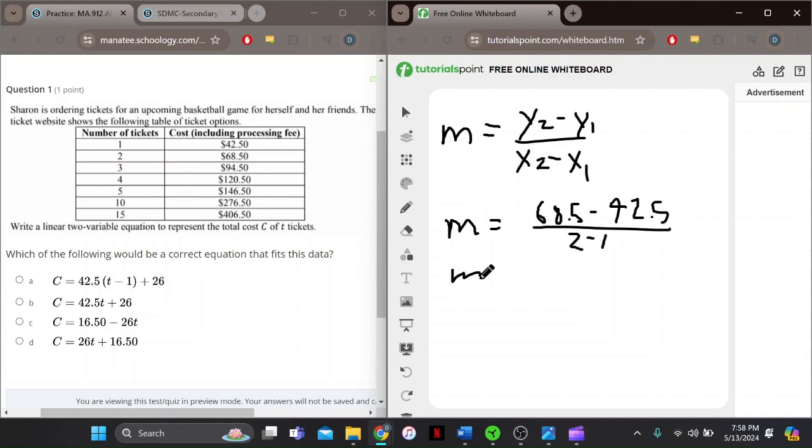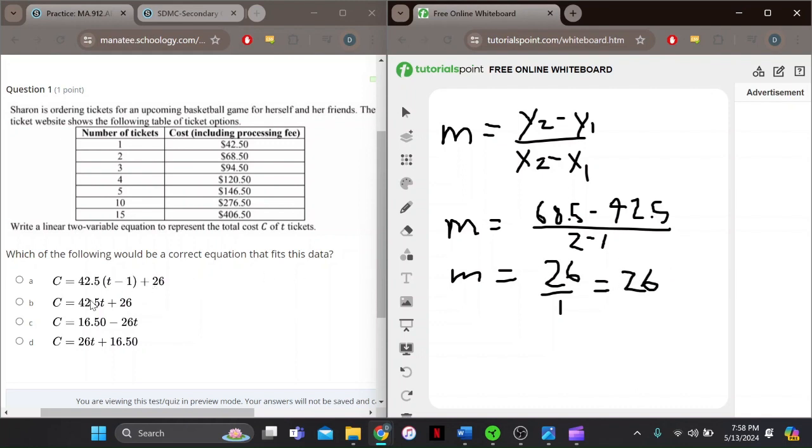Okay, so when I do this math, I get 68.5 minus 42.5. You can do that in your calculator. You get 26 over 1, or just 26. Okay, so now I see that I have a slope of 26.